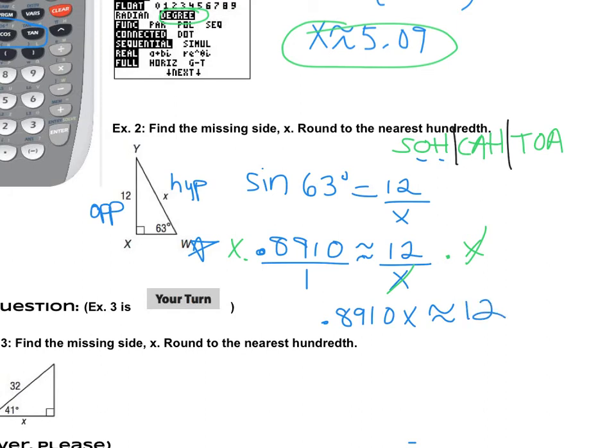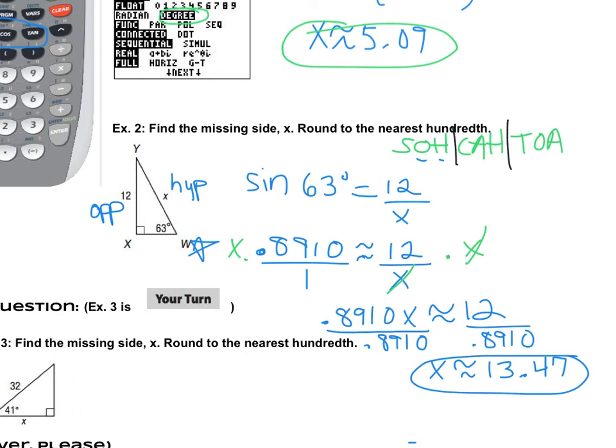What's our final step to get x alone? Well, we have to divide by the multiplier that's in front of x, so that's divide by 0.8910, and we're going to do that to both sides of the equation. And when all is said and done on this one, we are going to get that x is 13.47.